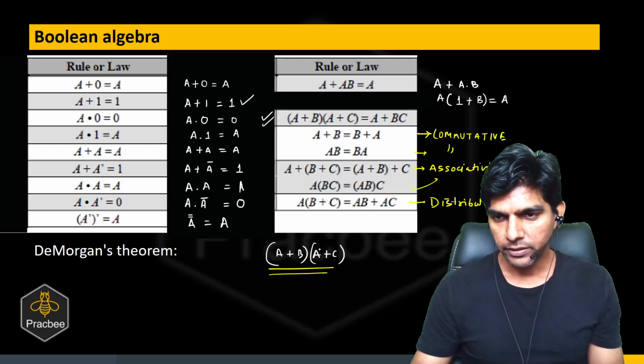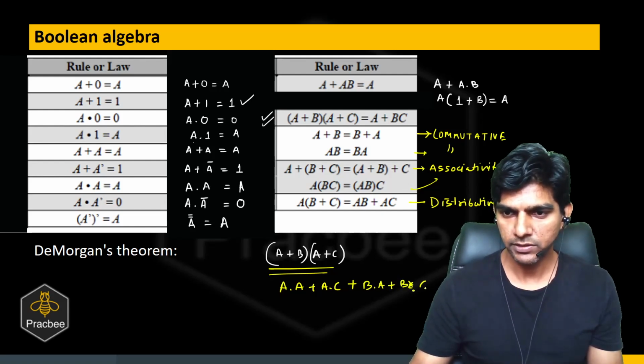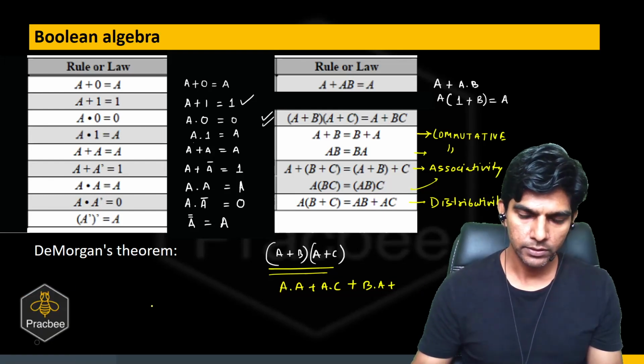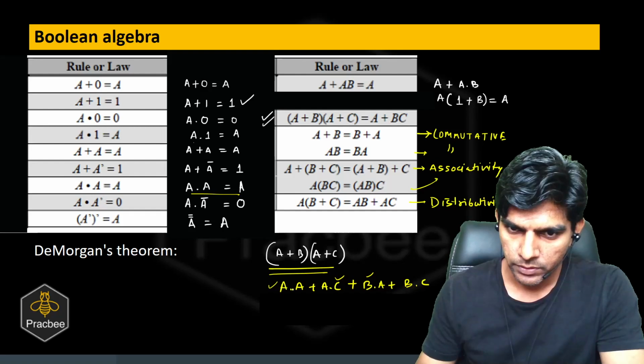So if I apply the distributive property, it will be A dot A plus A dot C plus B multiplied with A plus B multiplied with C. Can you see that from the first three terms, we can take A as common?